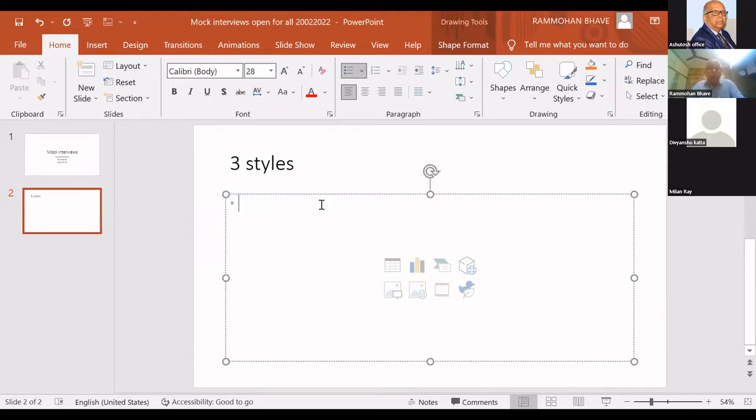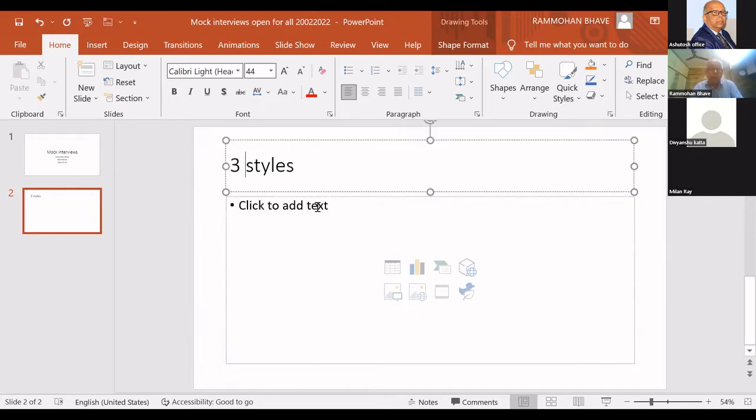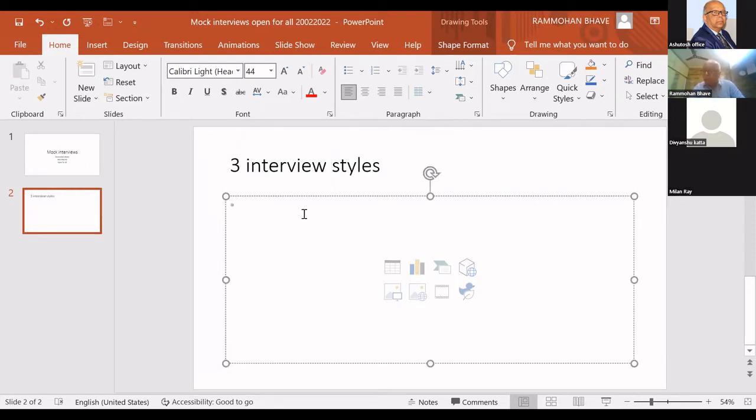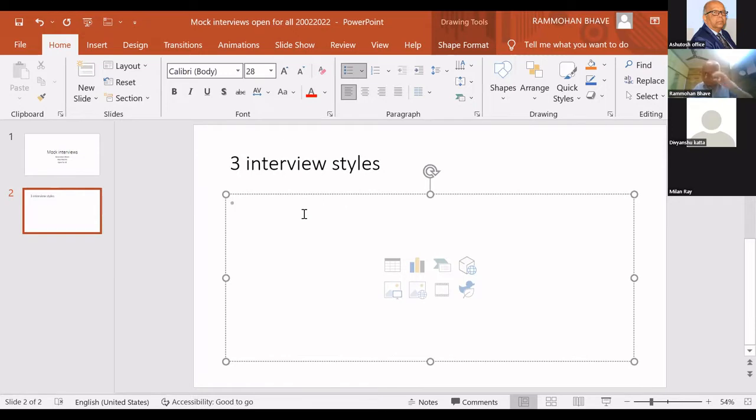Now the types of interviews are 3 types, 3 interview styles. I am directly posting it in the PowerPoint slide so that I don't have to use my whiteboard. Later on you will be able to get these PowerPoint slides.